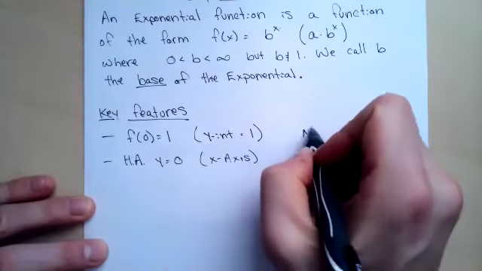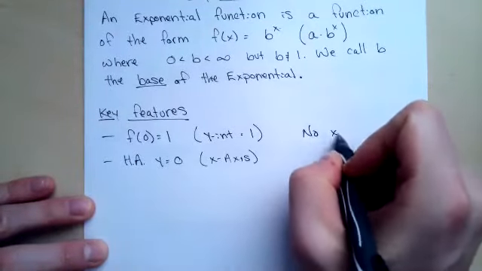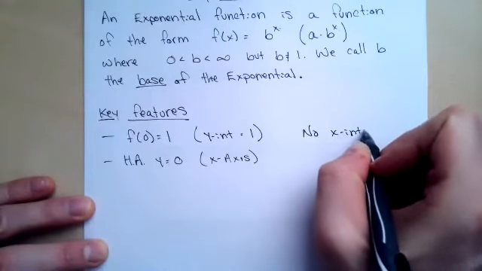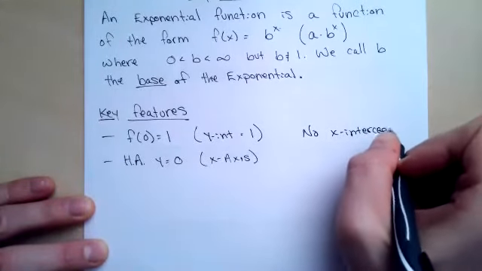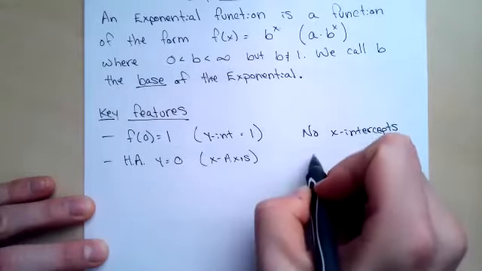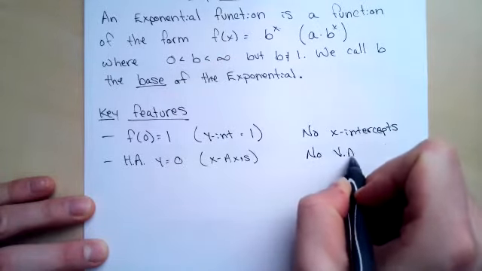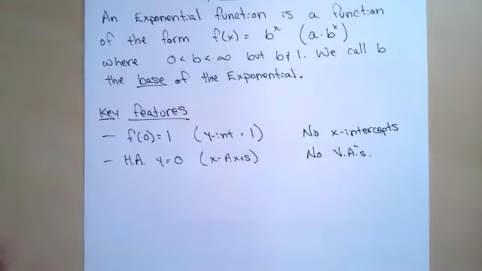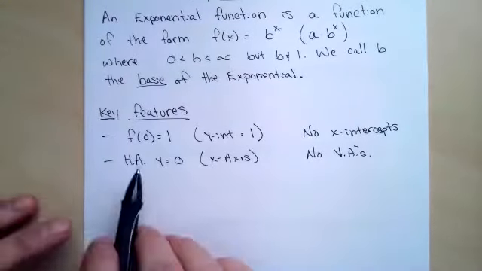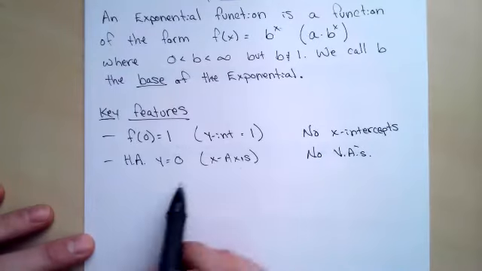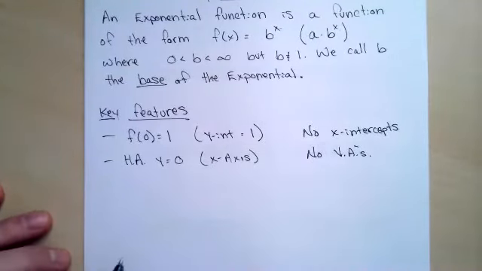So for exponential functions, no x-intercepts, and then, of course, no vertical asymptotes either. Since our horizontal asymptote is the x-axis, we actually never cross it. It always just approaches the x-axis. So no x-intercepts on that guy.